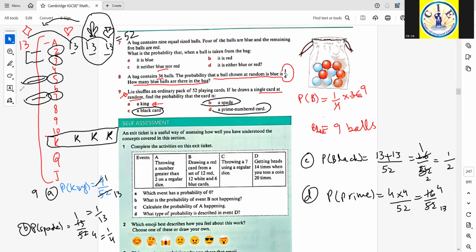So 4 times 4 is 16 divided by 52, which is 4 by 13. Okay, that's question number 9.